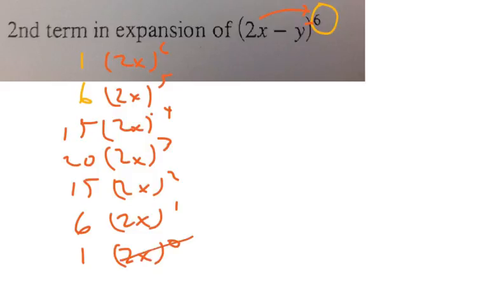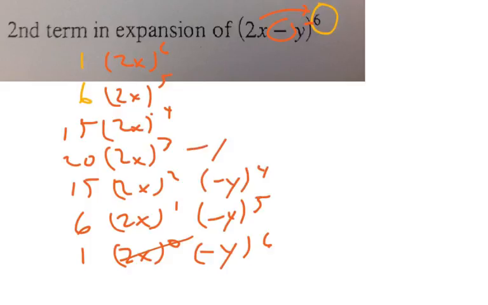The y also goes to 6, but it's a negative y. Be careful of that darn negative, so we're going to go in reverse. (-y)^6. Use parentheses, guys. (-y)^5, (-y)^4, (-y)^3, (-y)^2, (-y)^1, (-y)^0, of course, is 1.